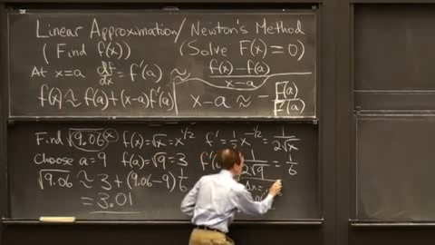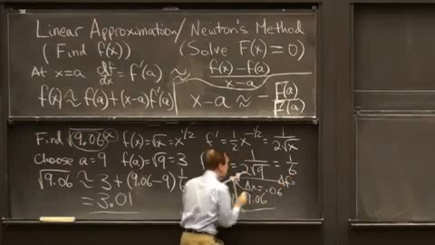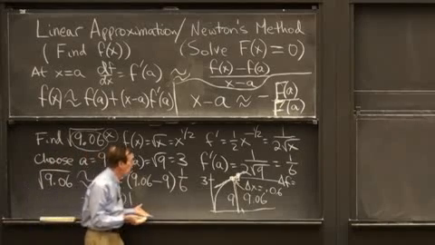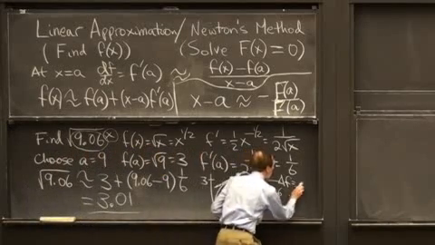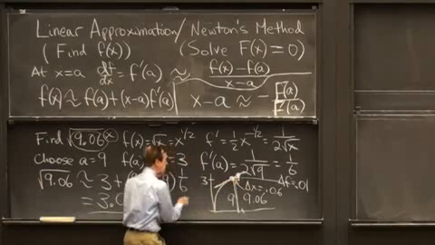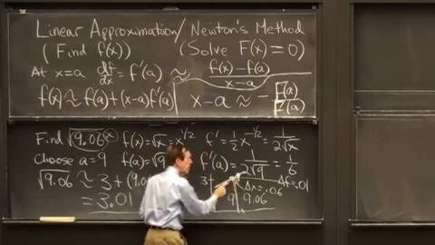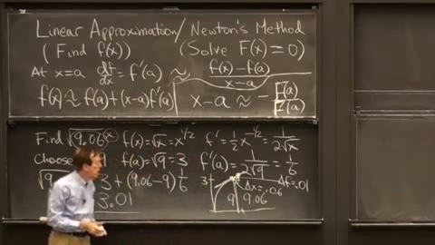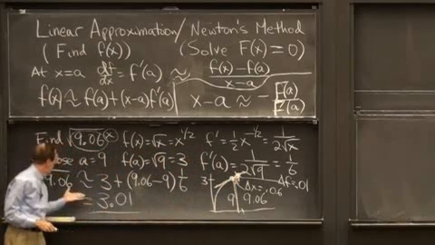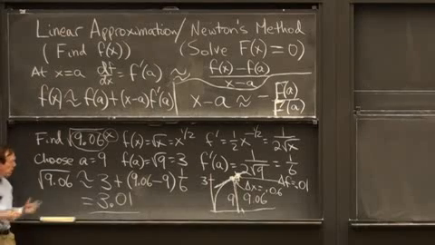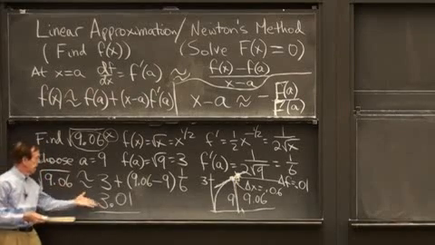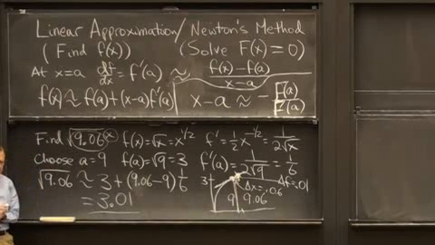And this delta f is the little piece that I added on, the 0.01. How did that come about? It came from the fact that the correct slope is 1/6. If I go over 0.06, I should go up 0.01. So you see what I'm doing? I'm taking that point as my close approximation to the square root of 9.06, closer than 3.